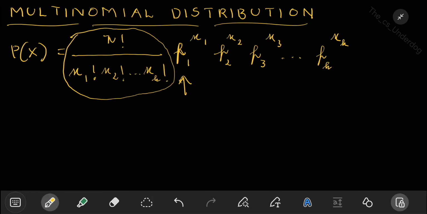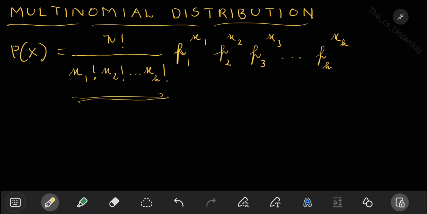So p1 raised to x1 handles all the occurrences of outcome 1. Similarly, p2 power x2 handles all the occurrences of outcome 2, outcome 3, outcome 4, and so on up to outcome k. So this probability mass function handles all the outcomes and all the combinations in which those outcomes can occur. So this is the probability mass function for a multinomial distribution. So I hope you understood it logically and also mathematically here.